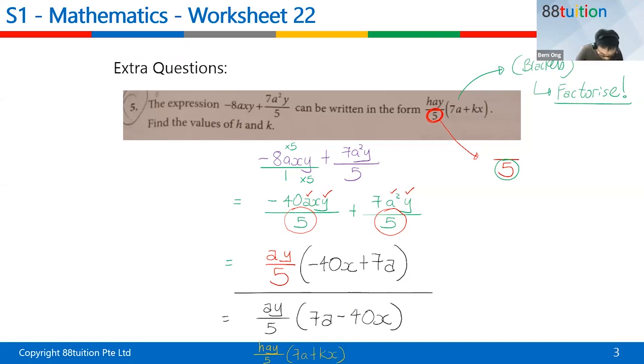If you make a fair comparison, you can see that 7 and 7 are here, and a is here. This minus 40 belongs to the k, because the x and the x match. So you can conclude that k is equal to negative 40. Ta-da! Woohoo! Understand?